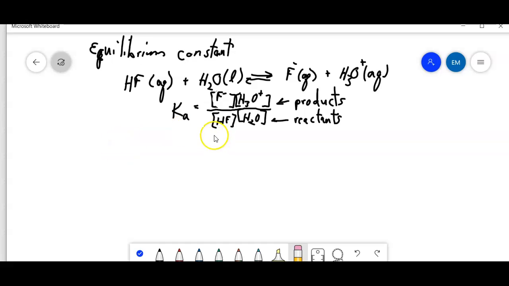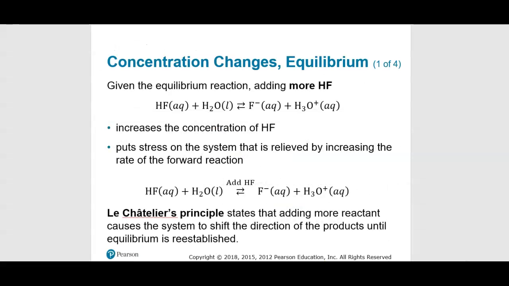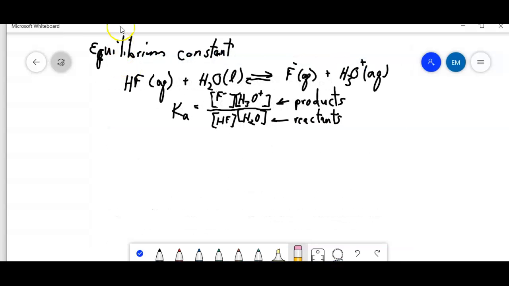You increase the reactant. So, increasing more HF, what happens? You add hydrogen fluoride. Don't worry about the fact that the reactants are in the denominator. You could flip this over and write this equilibrium constant for the reverse reaction, and you would do the same thing. You add reactants.